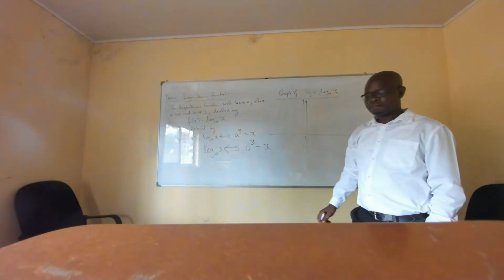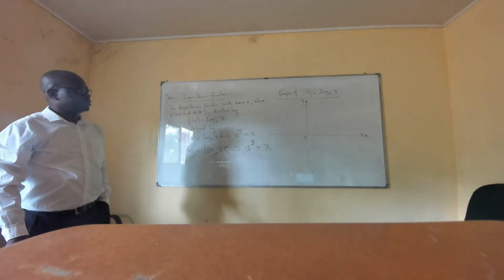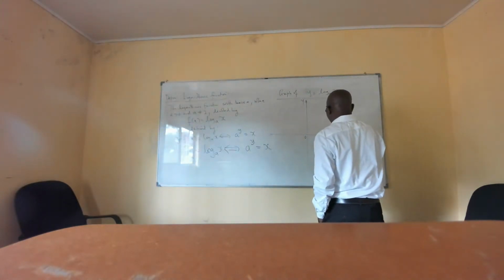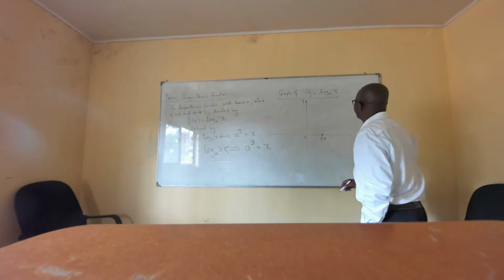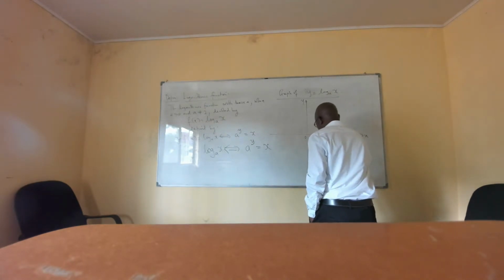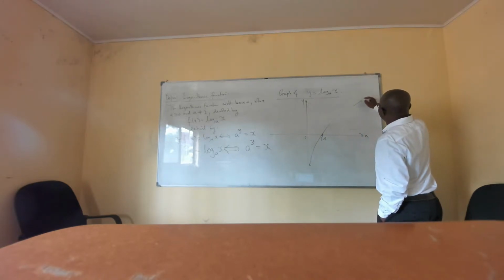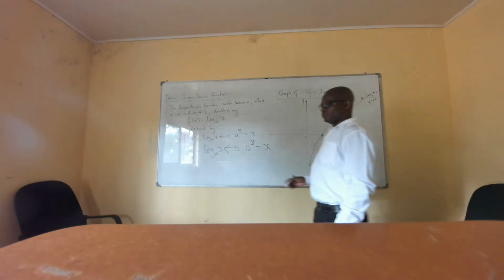Like the exponential function, you see that it always passes through 1, 0, and it goes like this. Here it approaches the vertical axis at infinity. This is y equals log to base A when A is bigger than 1.